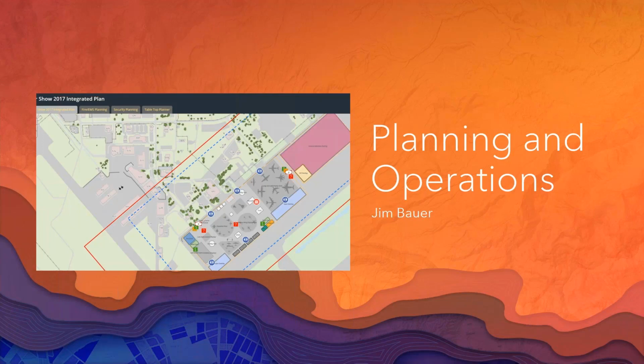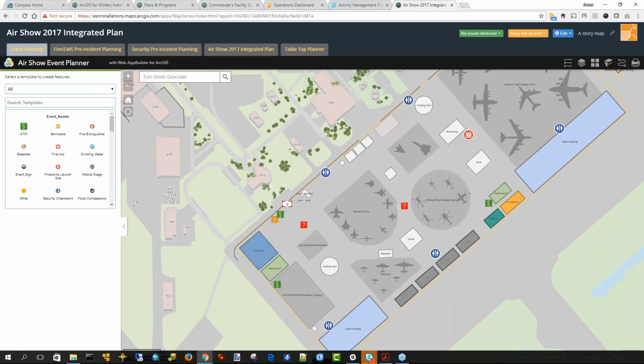All right, thanks, Ben. So what we're looking at here, I'm using the story map again. Once again, it is a custom app, a configurable application available on the enterprise.